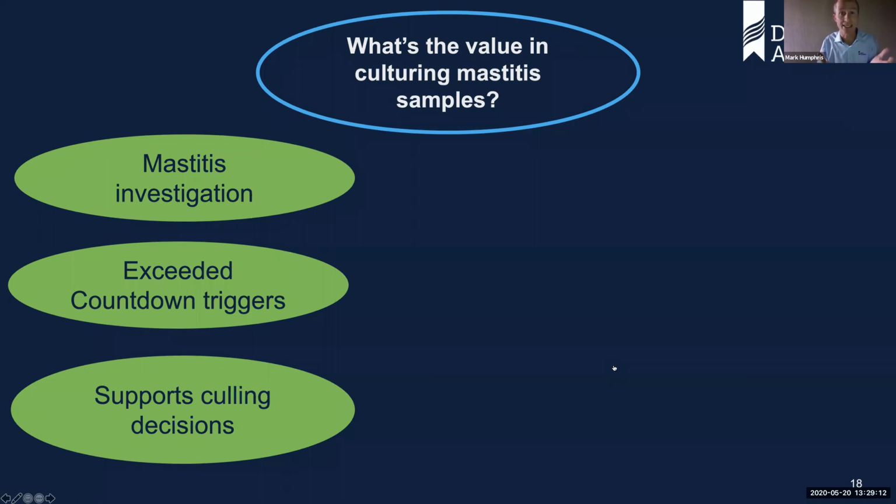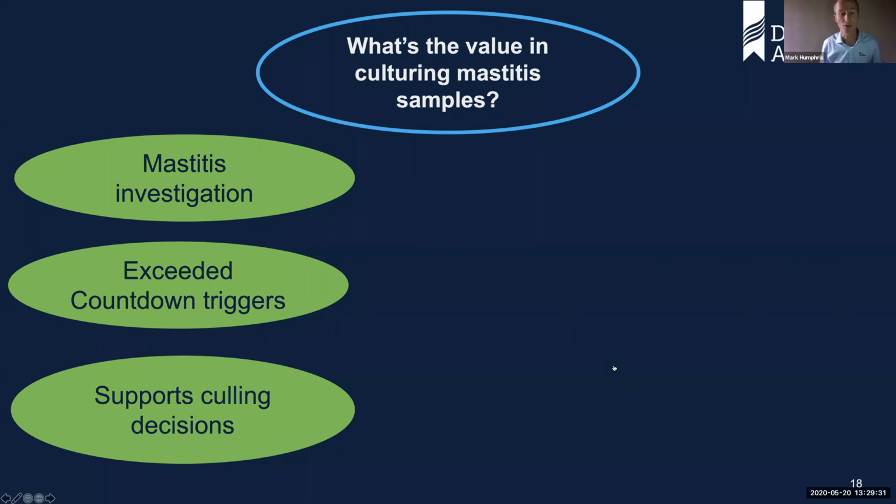So if you had 10 cows with clinical mastitis during a period of time, how many of them come back for a second time? Now, if that figure is over 2, well then there's certainly a stimulus to actually understand, well, what is the bacteria that's causing our mastitis?